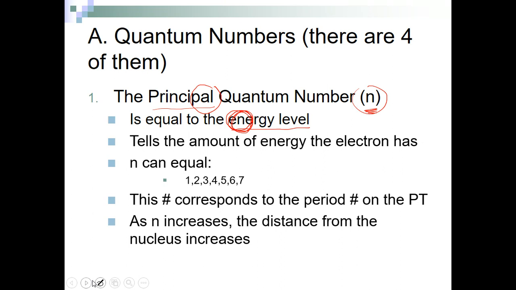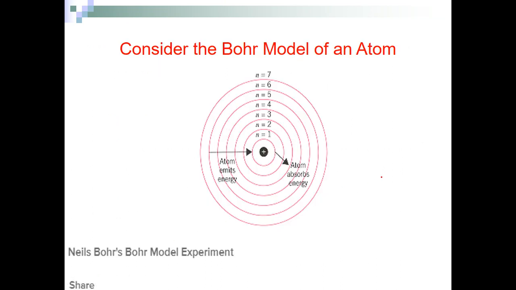As N increases, so as the value for your N quantum number increases, the distance from the nucleus also increases. So let's consider this Bohr model for an atom. If this black dot in the middle represents your nucleus, and the pink spheres or circles around it represent each energy level, notice we have 7 energy levels here.